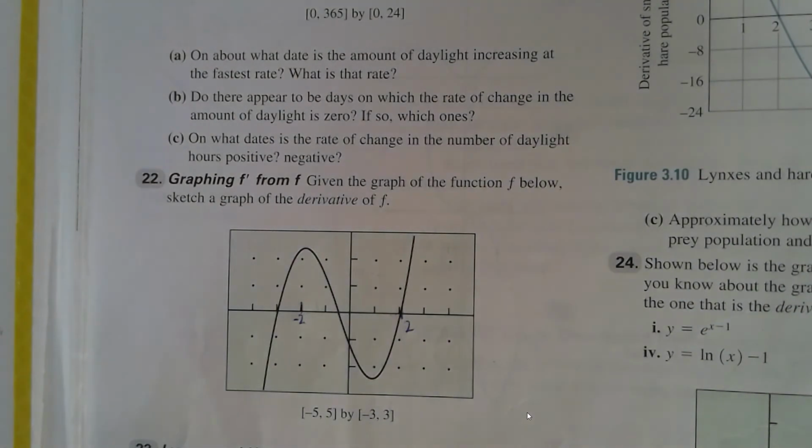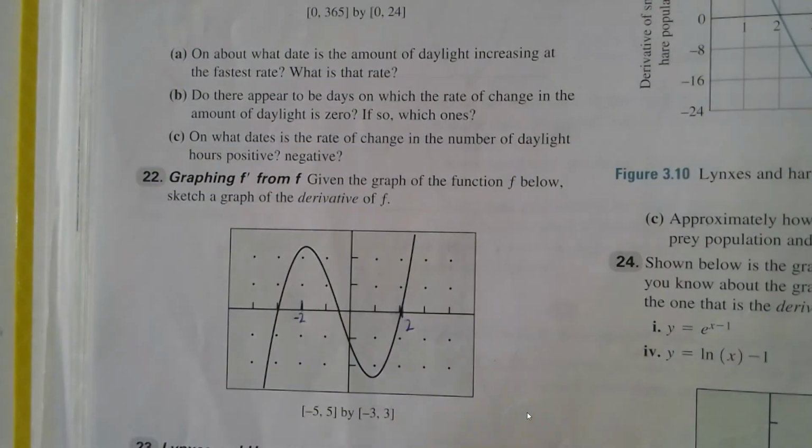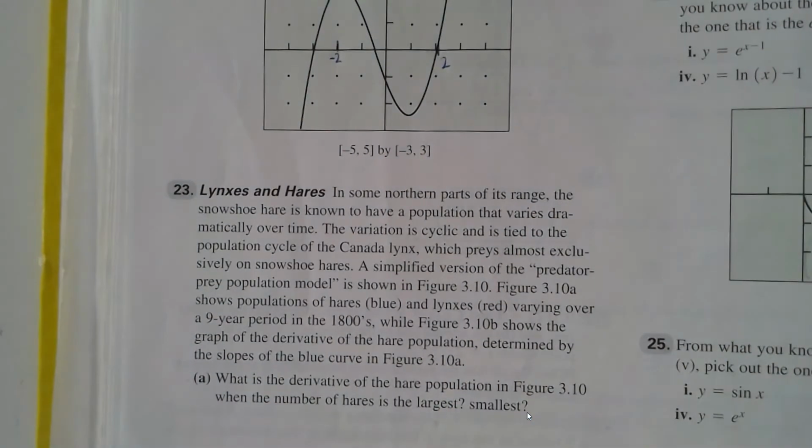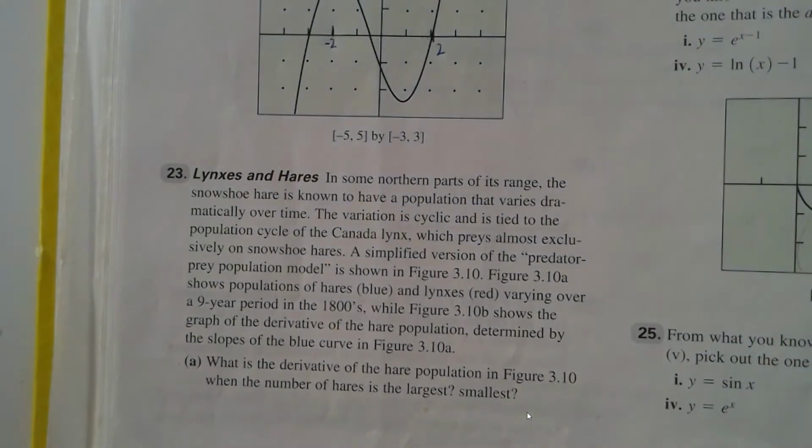All right, what'd you guys end up getting? Alright, I'm gonna show you guys what the answer is. You guys ready to see? I'll try to put a little side-by-side comparison here.